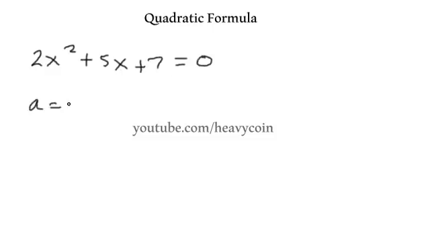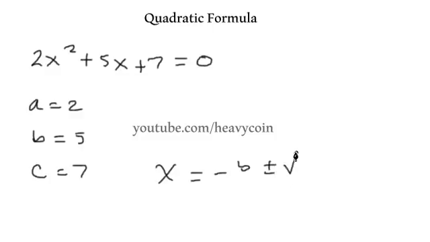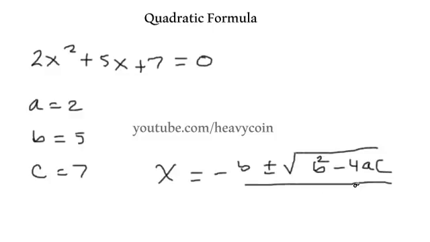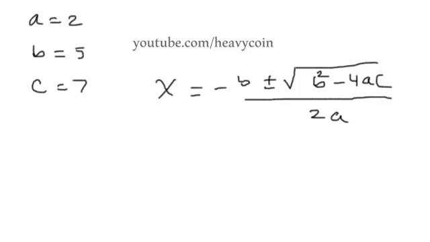So a is going to be 2, b is 5, and c is 7. x equals negative b plus or minus the square root of b squared minus 4ac, all over 2a.